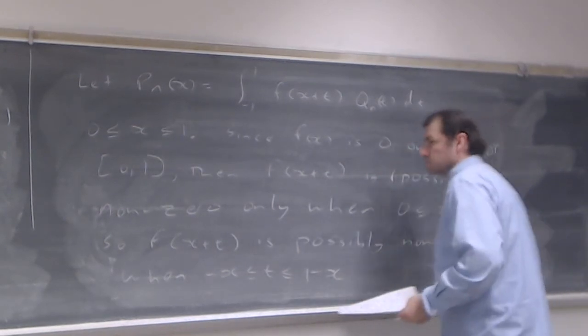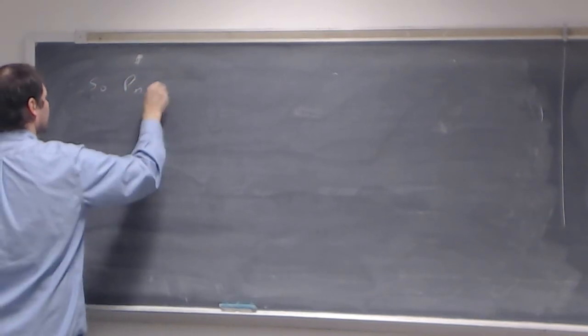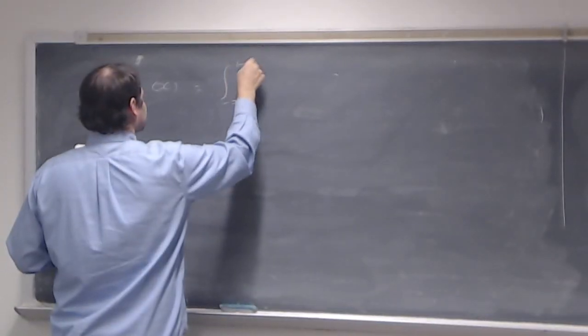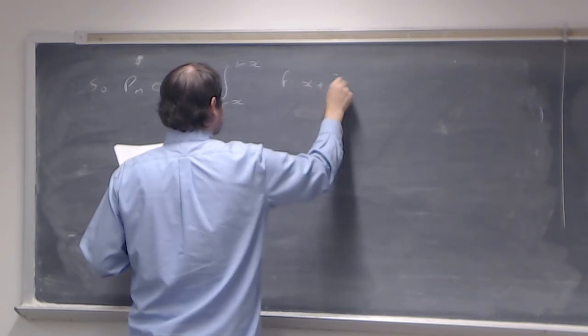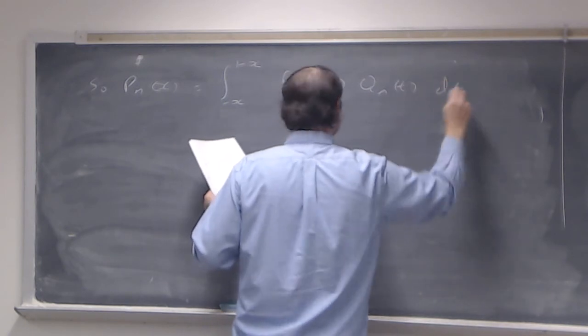So p sub n of x really is going to be equal to the integral from minus x up to 1 minus x of f of x plus t q sub n of t dt.